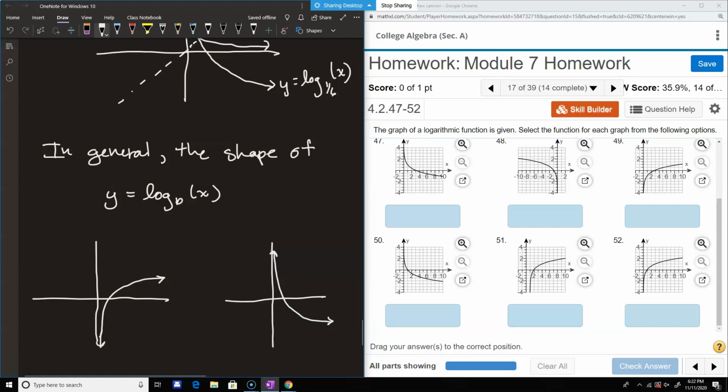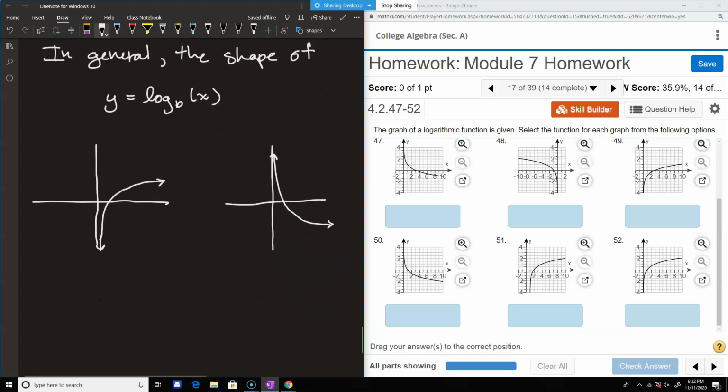So when does that happen? It happens in this case when you had exponential growth, which is b greater than 1, and exponential decay for this one when b is between 0 and 1. So notice the base of 3 was greater than 1, but 1/6 was between 0 and 1.